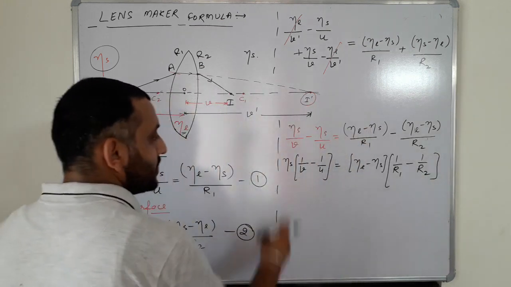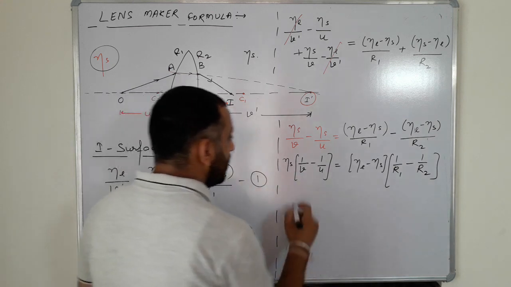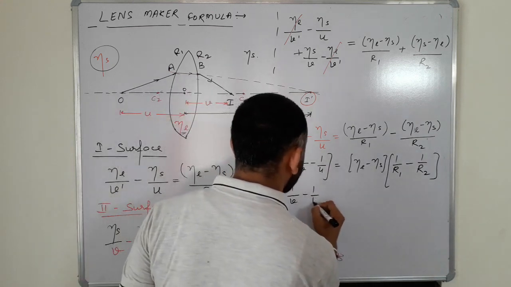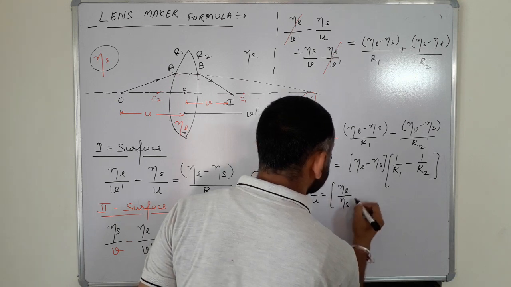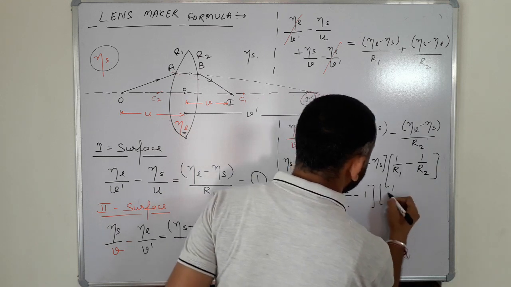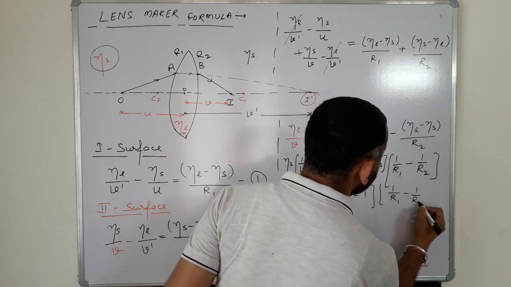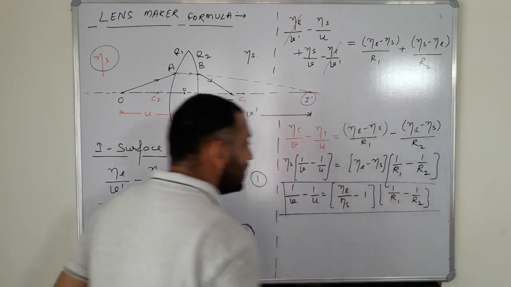This is multiplication, take this neta S to the right hand side, we'll get 1 by V minus 1 by U is equal to neta L by neta S minus neta S by neta S, which is 1, times 1 by R1 minus 1 by R2. So we will get this expression, okay.